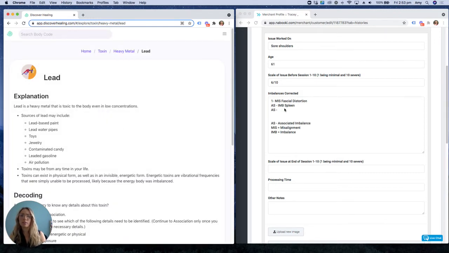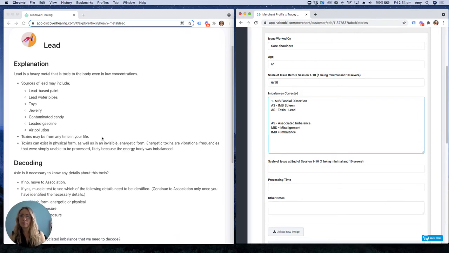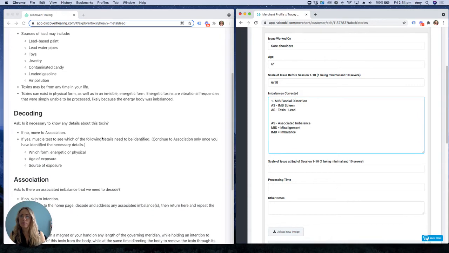Okay, so we have a toxin of lead. So just some information on there about the toxin. So this one here, is it necessary to know any details about this toxin? We do need to know a little bit more information.